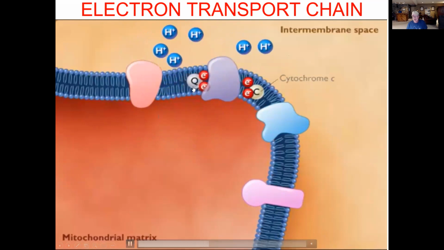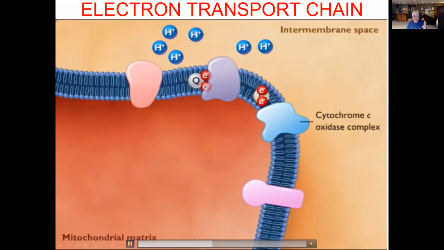What we're seeing happening here are two things. The electrons are shown here in red. They get passed from protein to protein to protein within this inner mitochondrial membrane. As those electrons move from protein to protein, that sets up a situation whereby hydrogen ions get pumped from the matrix into the intermembrane space. And you're seeing that occur.